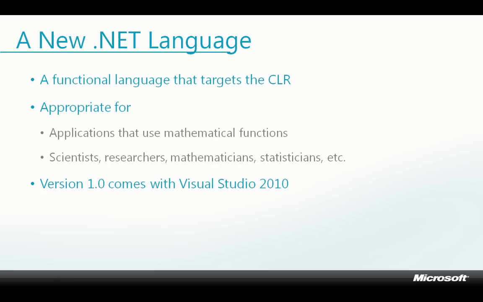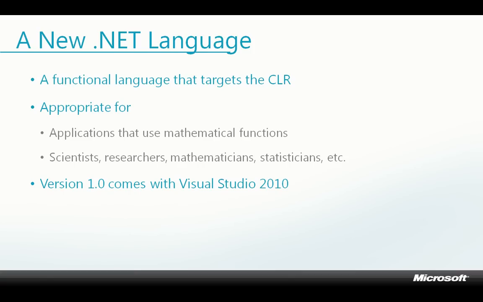In general, a functional language is a good choice for applications that use lots of math-type functions for scientists, researchers, mathematicians, statisticians, or business apps that are function-heavy. In many cases, those people can use a functional language directly, even though they're not trained developers.